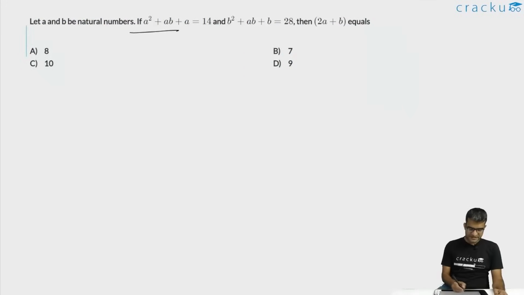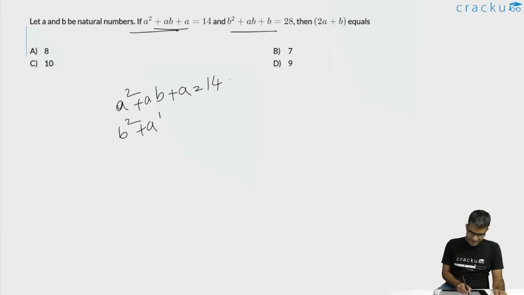In this question, let us assume that a and b are natural numbers such that a square plus ab plus a is equal to 14 and b square plus ab plus b is equal to 28. If you are looking at a square plus ab plus a, this is equal to 14, and b square plus ab plus b is equal to 28.